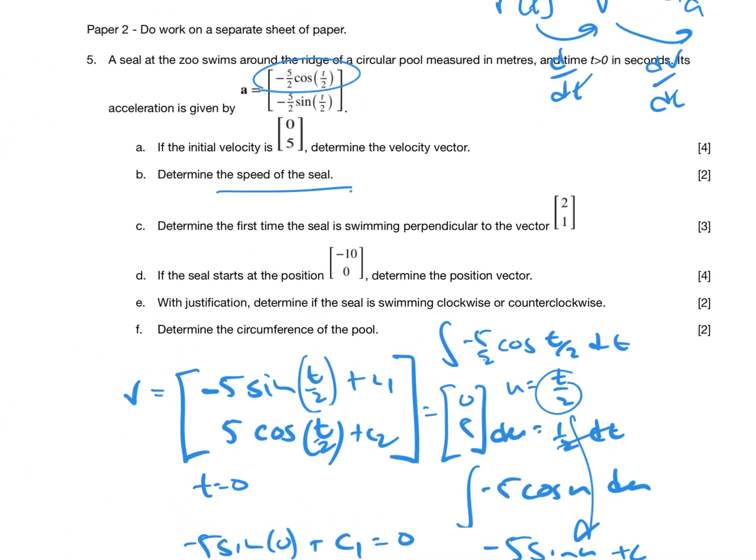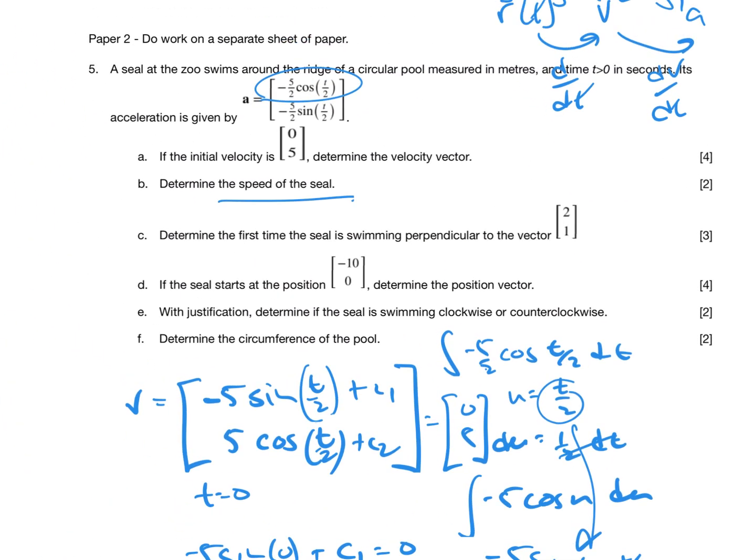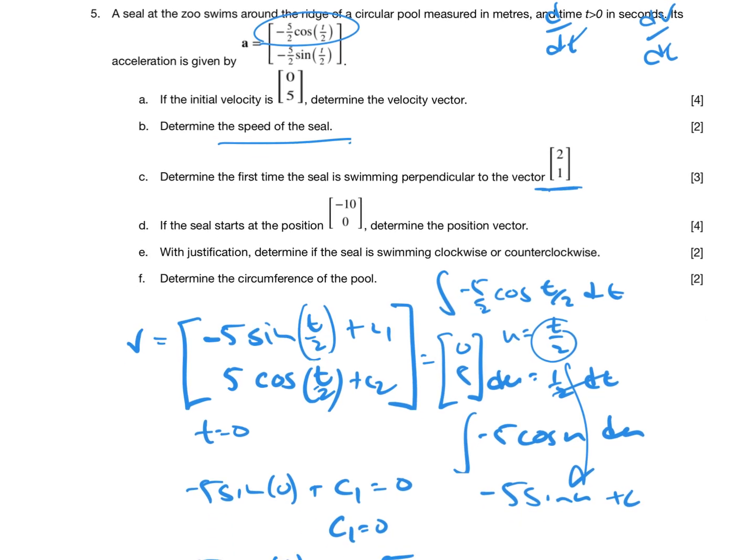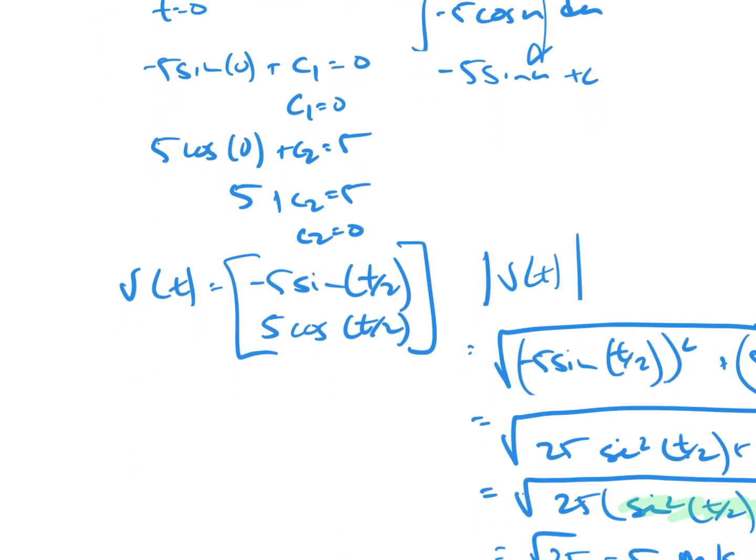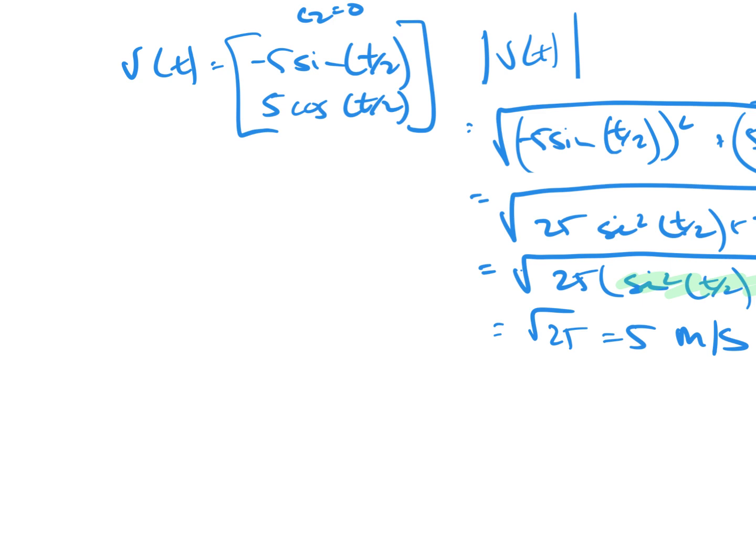Continue along. Determine the first time the seal is swimming perpendicular to the vector 2, 1. If I want to go perpendicular to the vector, I'm going to take the velocity, which is like the speed plus the direction he's traveling. So I'm going to take this velocity vector, negative 5 sine t over 2, 5 cosine t over 2.